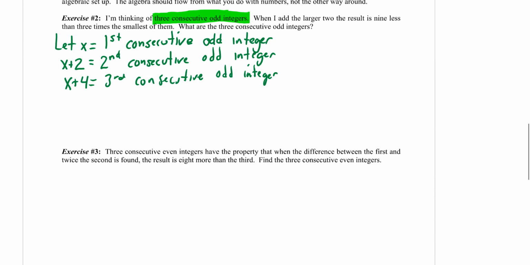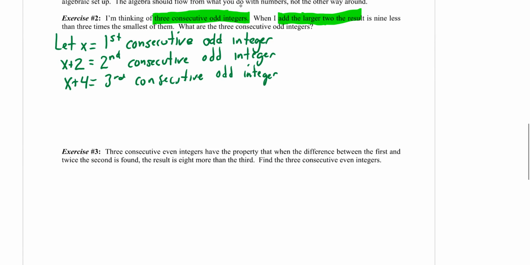So you've got to understand that the first one is also the smallest. The third one is also the largest. Right? The one in the middle is the middle. And now we're going to start setting up our let statements, or our equations.